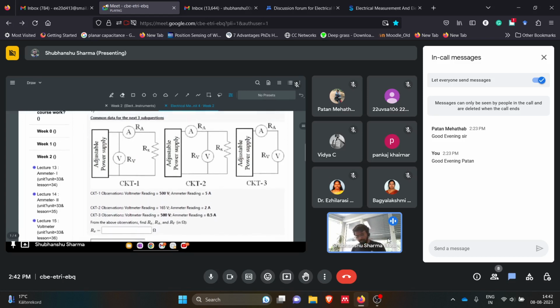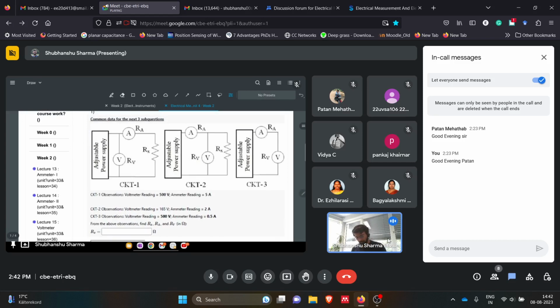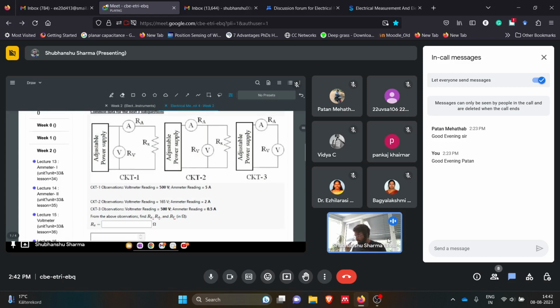So what are the Rx, Ra, and Rv values for this question? If you see the last circuit, the voltmeter reading is 500 volts and the ammeter reading is 0.5 amperes.